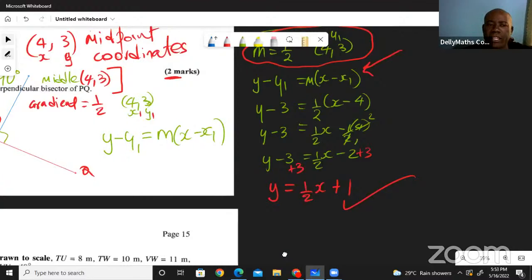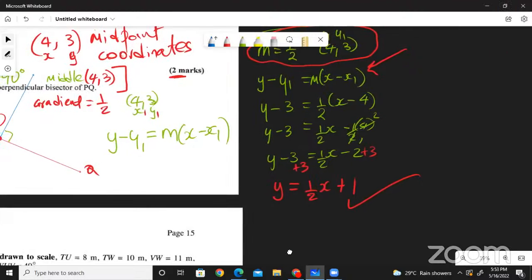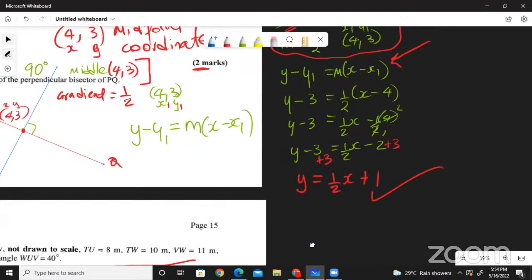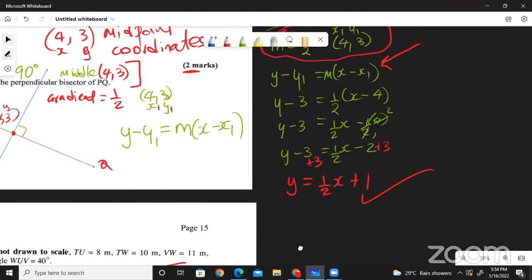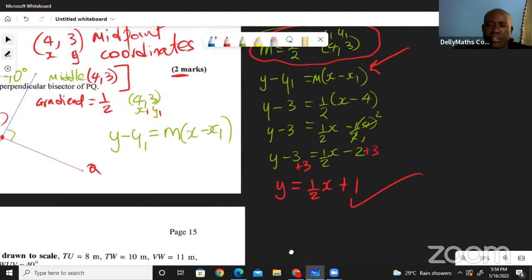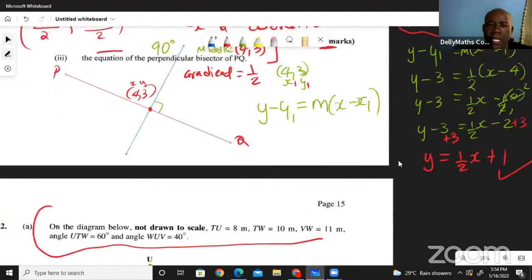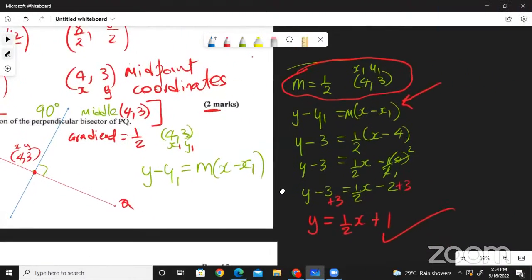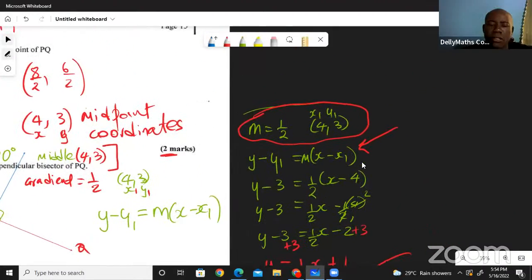It's not negative a half, it's positive a half. So why do you have a negative in front of the one? Where do you get negative a half from? Come on, look for yourself.